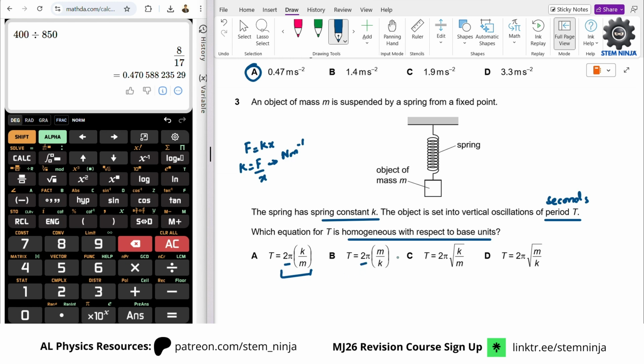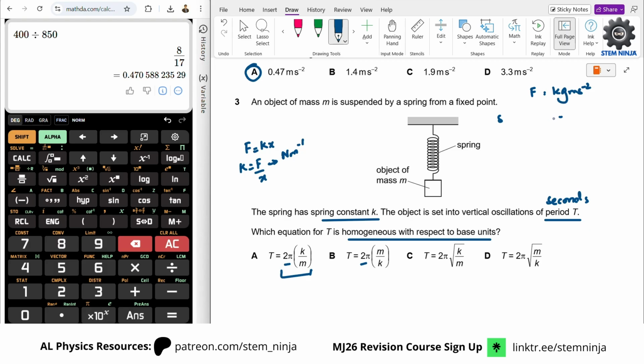2 pi themselves have no unit. So we have seconds on one side, and on the other side we have Newton per meter, and with respect to its base unit. Newton, force, has base units kg meters per second squared, mass times acceleration.